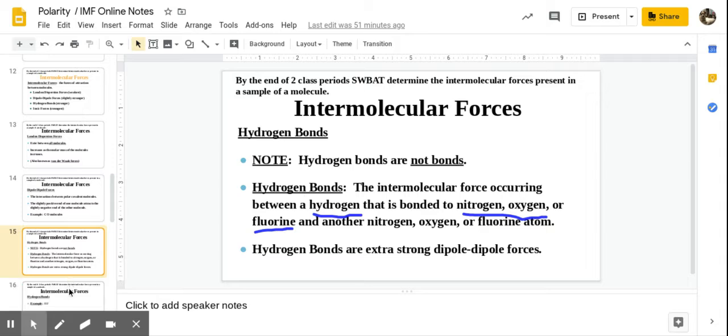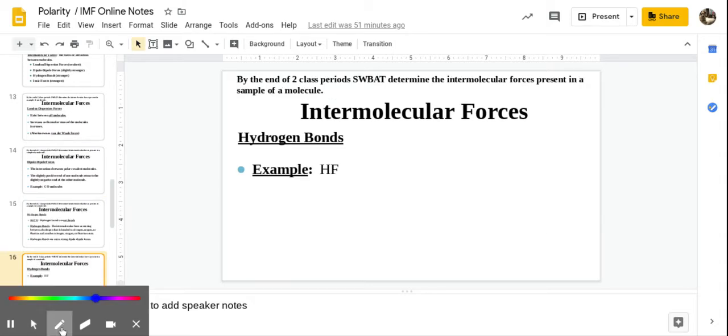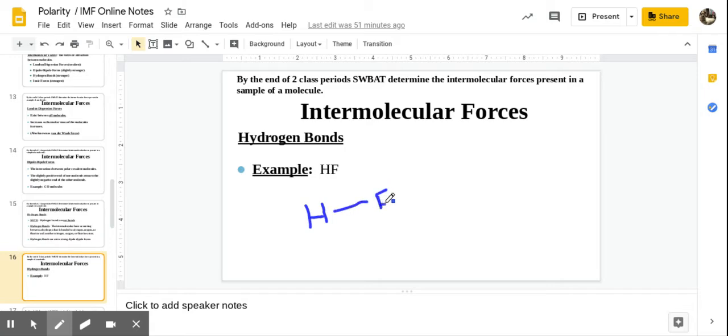Okay. So the diagram for this one, again, is very similar. If we do HF, let's just use HF as a bond. Don't worry about HF the acid, just HF the bond.